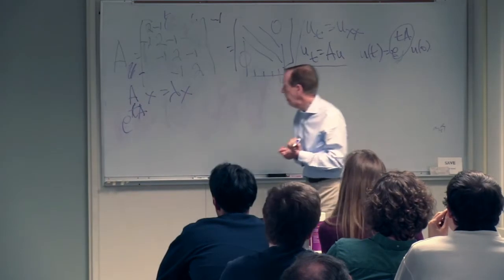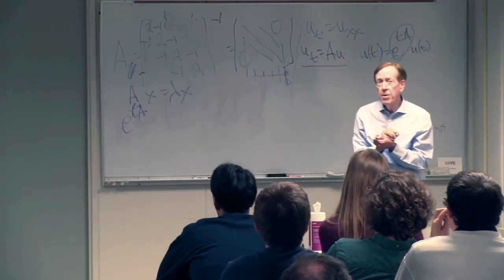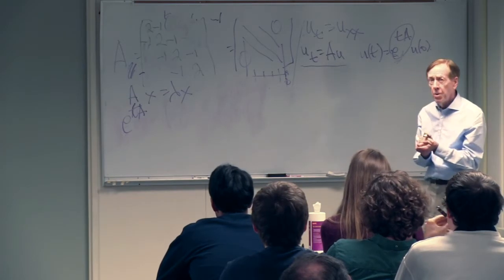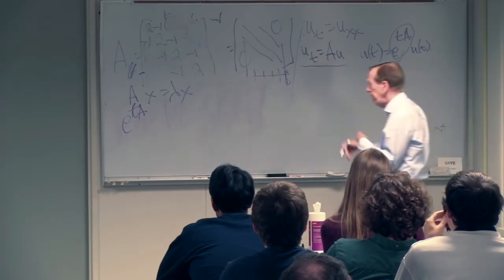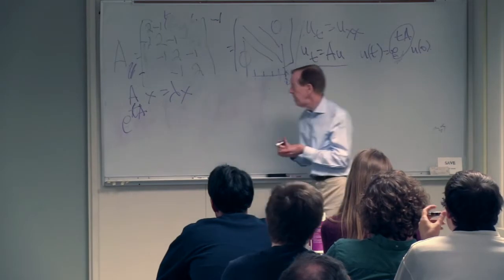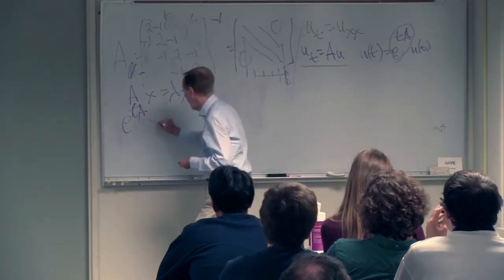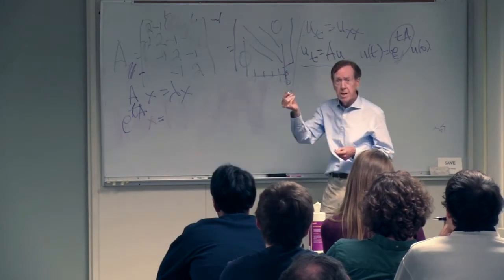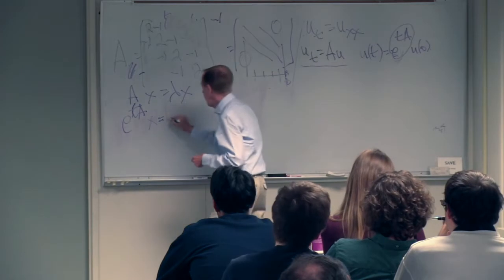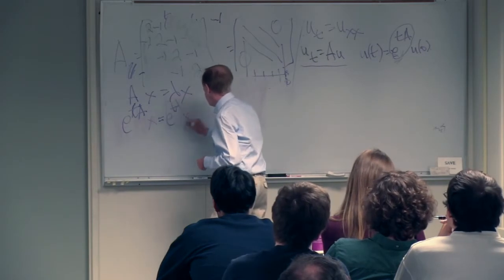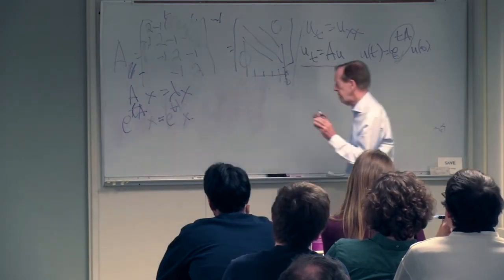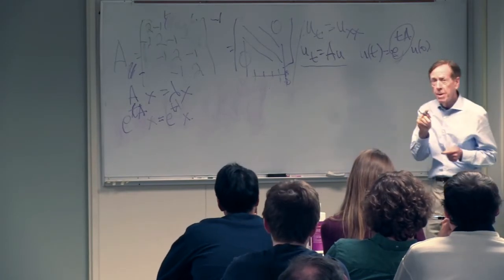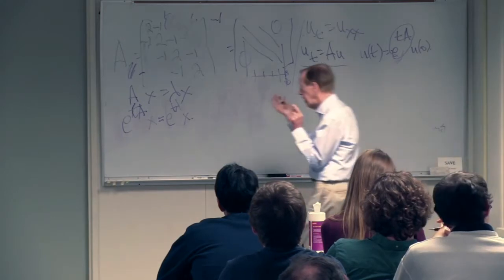What are the eigenvectors and the eigenvalues for the exponential? Well, it's a function of A. So the same eigenvectors would work for all the powers of A, for the infinite series. So the eigenvectors are the same, and the eigenvalues are just e to the t lambda.